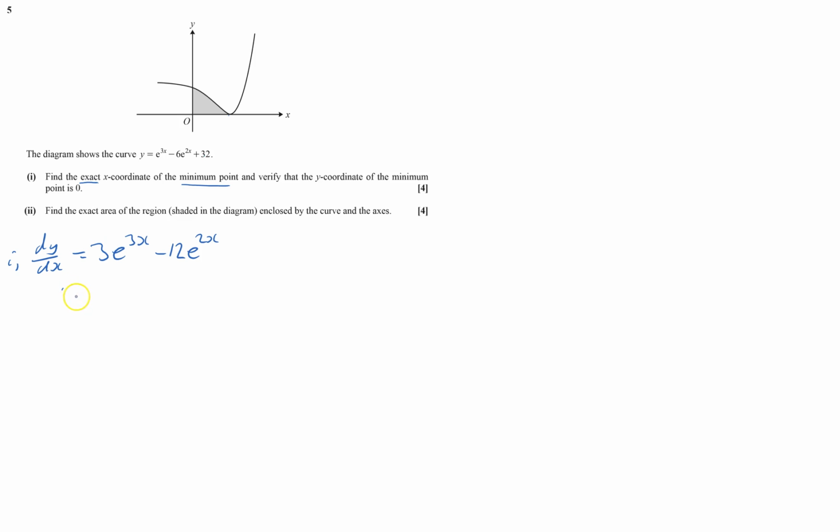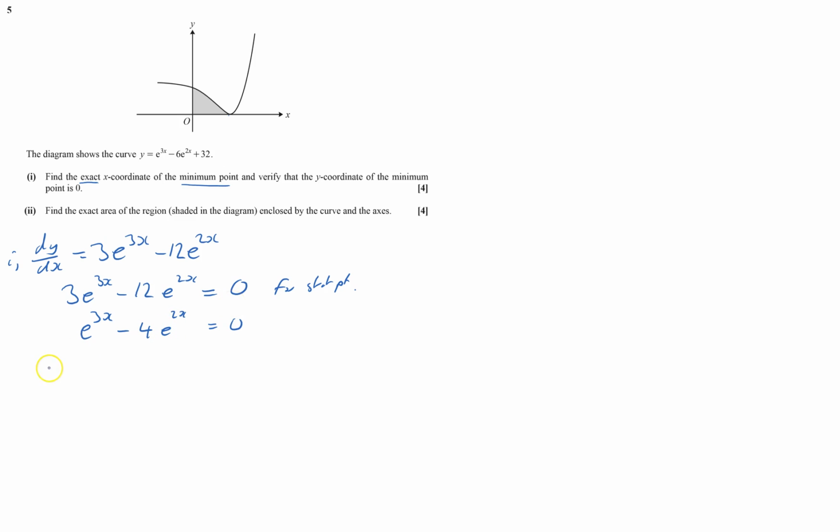So for the minimum point, 3e to the 3x minus 12e to the 2x equals 0 for a stationary point. I divide by 3, so that gives me e to the 3x minus 4e to the 2x equals 0.